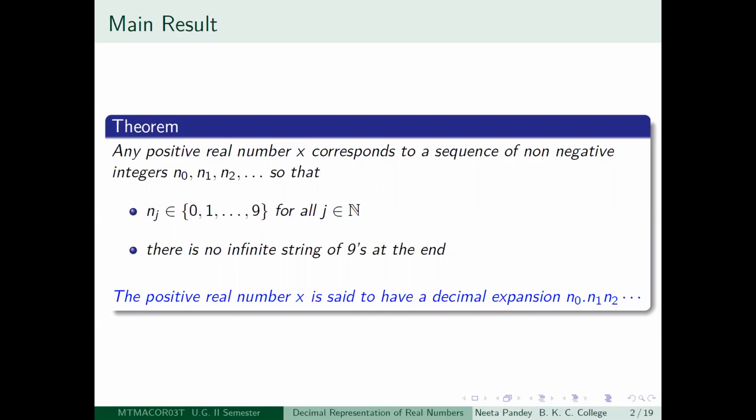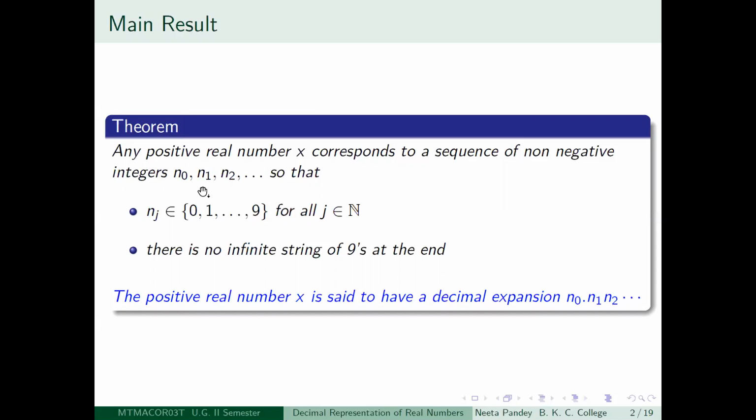So our main result is the following: if I take any positive real number x, then corresponding to it, I will be able to get certain non-negative integers which will satisfy some properties. Precisely speaking, I will get a sequence of non-negative integers. So what does this mean? This means that corresponding to 0, I will get a non-negative integer n0.